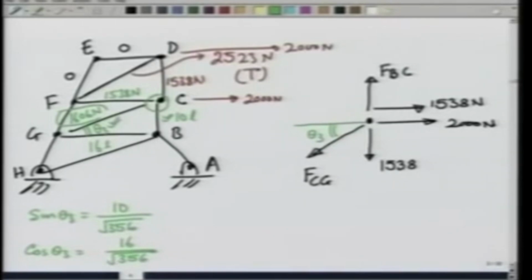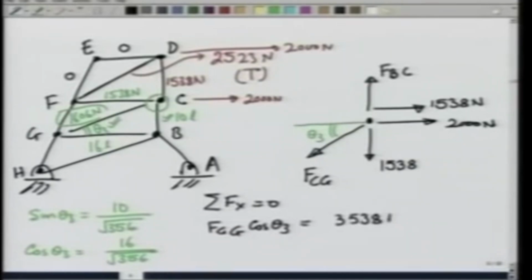Now, we are ready to calculate F_BC and F_CG. So, let us do summation Fx equals 0, which gives me F_CG cosine theta 3 equals 3538 newtons, and therefore F_CG is equal to 3538 newtons divided by cosine theta 3. I can plug in the numbers and get my answer.